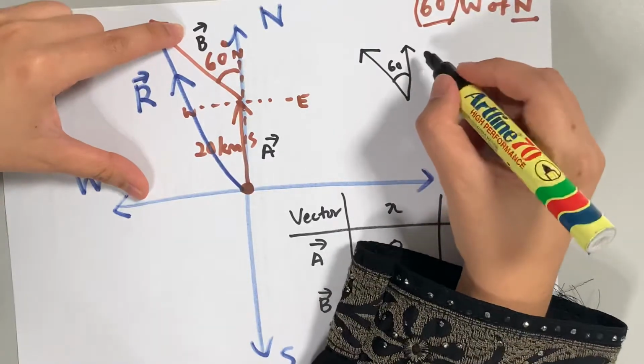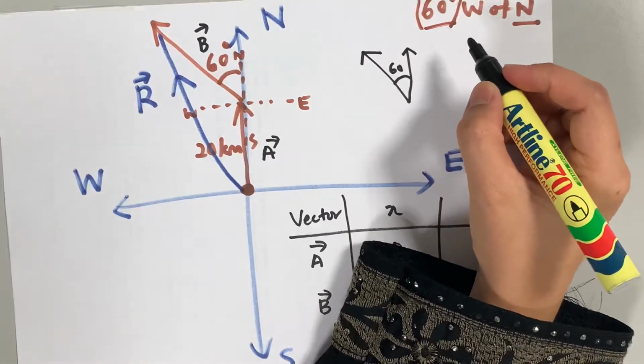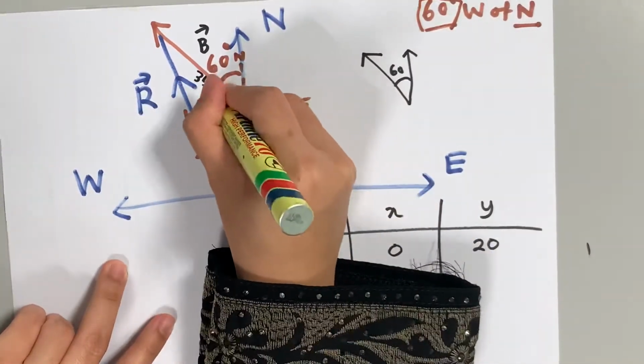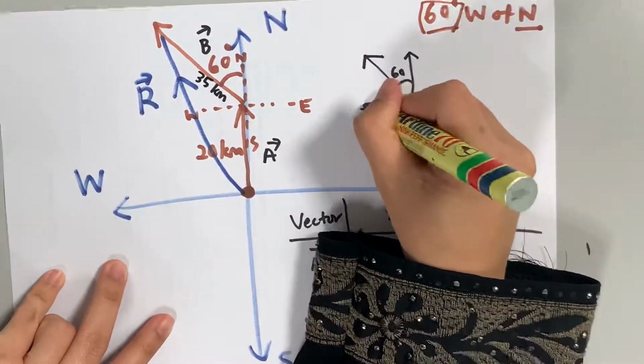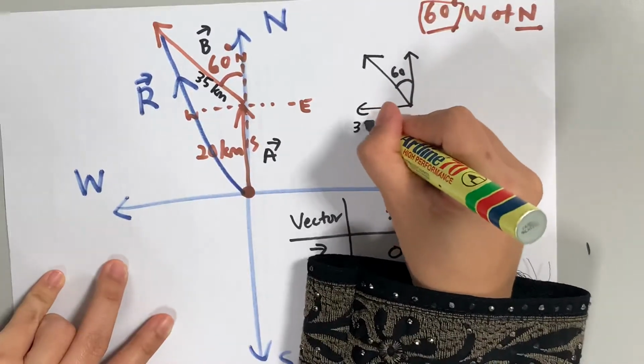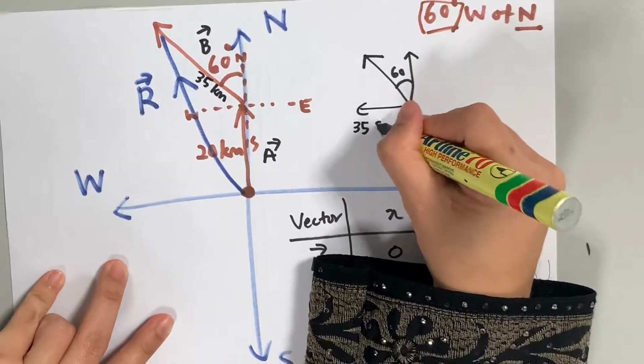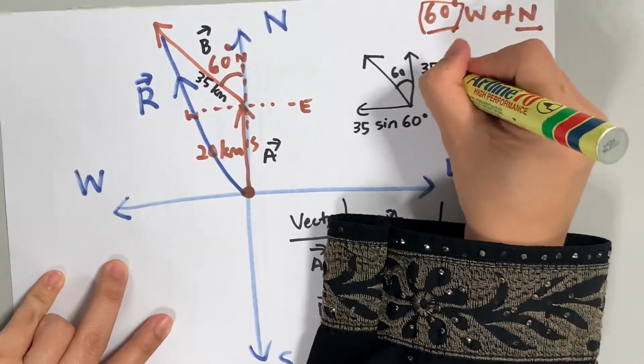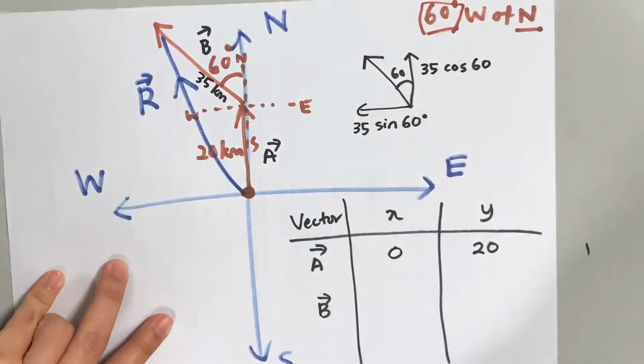So here will be how long? 35 kilometers, given in the question. So x-axis will be 35 sine 60, and for the y-axis 35 cos 60.